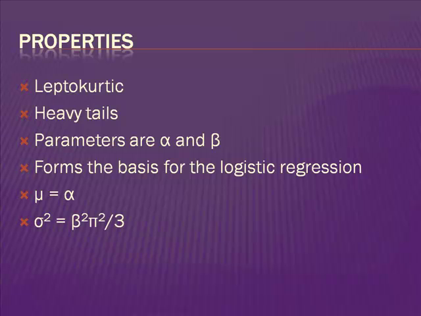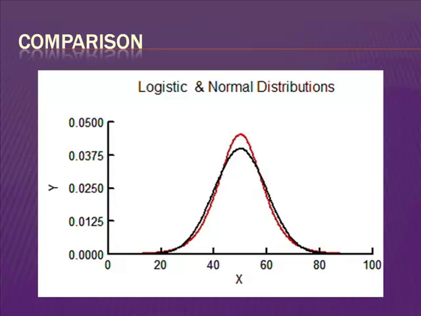Here's a comparison of a logistic distribution shown here in red and a normal distribution shown in black. I created both these distributions to have a mean of 50 and a standard deviation of 10. Notice that if you look within one standard deviation, that is from 40 to 60, the logistic distribution has greater area than the normal. Notice the higher peak.